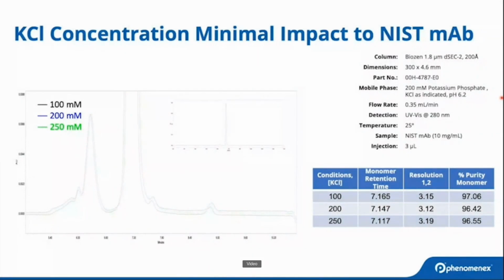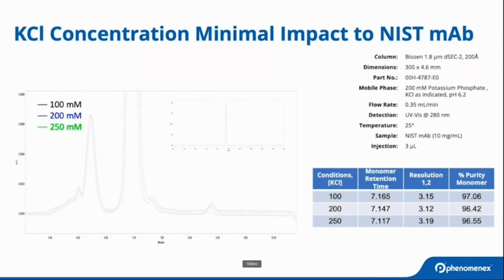So you can run different columns from different batches, and certainly another proper assessment might be to look at different mobile phase formulations, so potentially different phosphate concentrations, pH, and even co-solvent to determine the impact on your separation under different conditions.